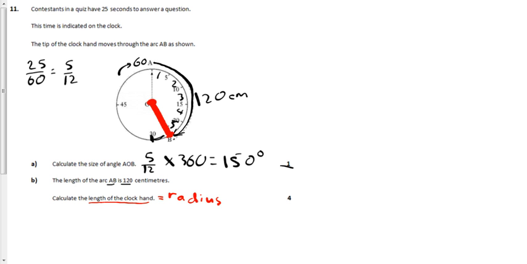Now I've got the arc length. So a good place to start with this would be to actually write down the formula for calculating the arc length. Your arc is equal to however big your angle is over 360 times, now the arc, that's the part of the circumference, so it's going to be times pi d, the circumference of the whole circle.